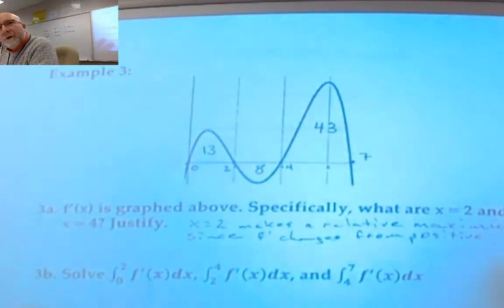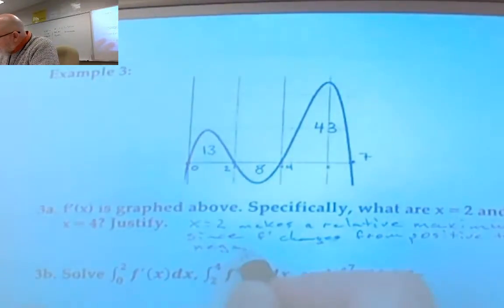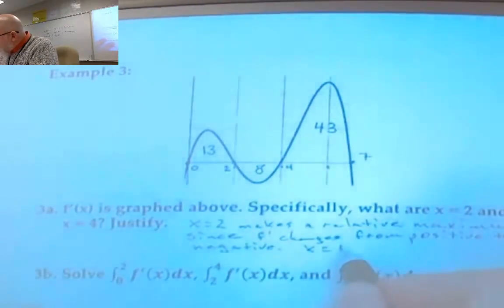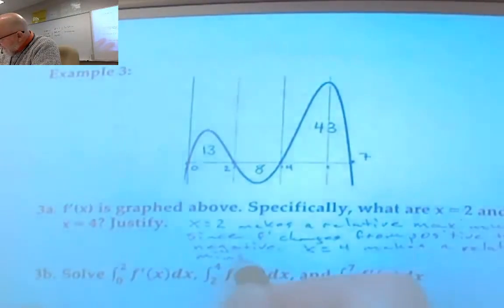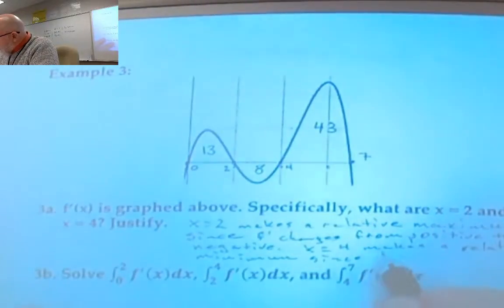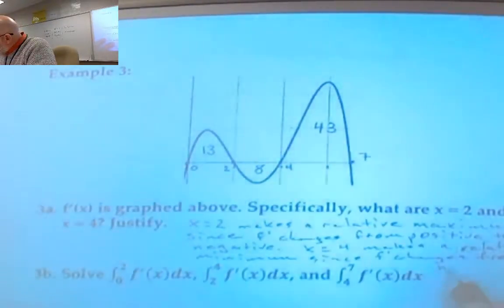Isn't that what you mean by above and below? x equals 4 makes a minimum, or relative what? I said the answer. Yeah. Since f prime changes from what? Negative to positive.